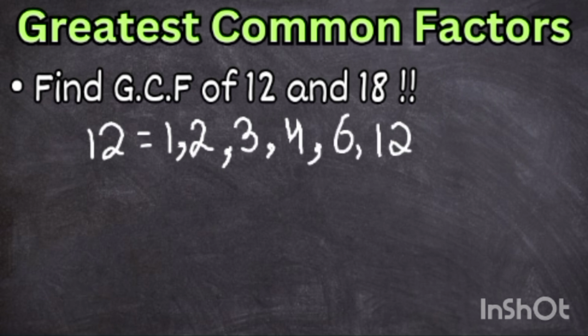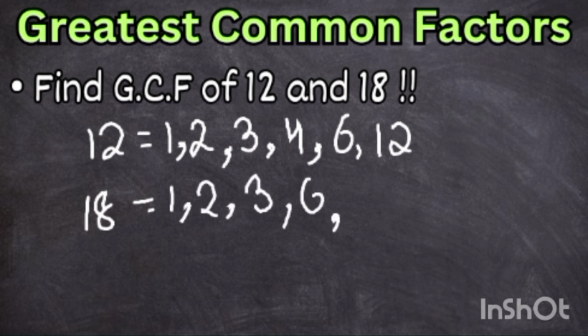These are the factors of 12. Now we are going to list all the factors of 18. So the factors of 18 are 1, 2, 3, 6, 9 and 18. These are the factors of 18.